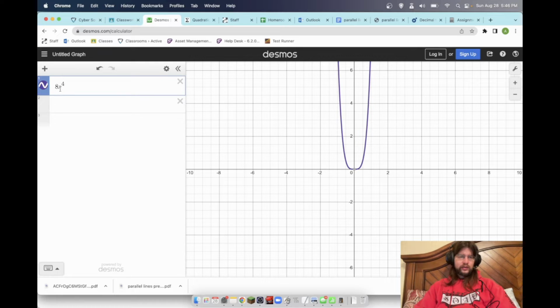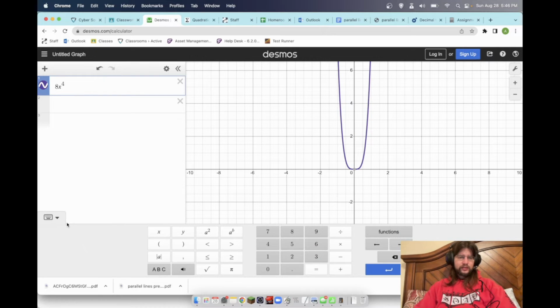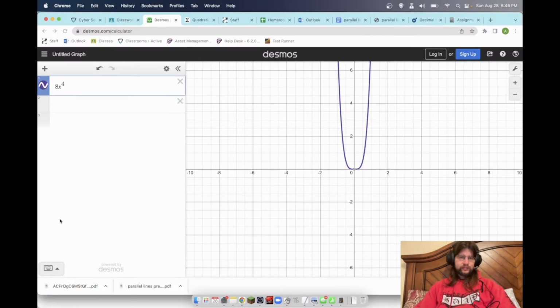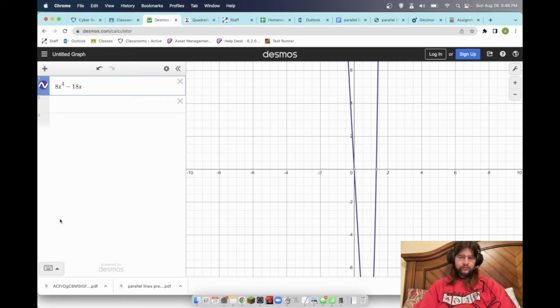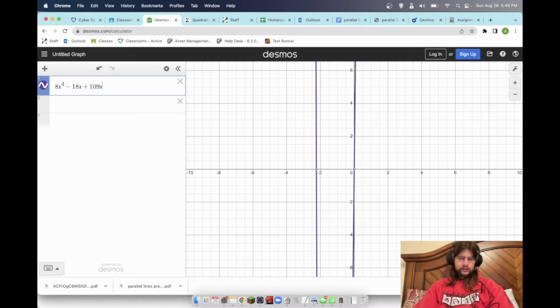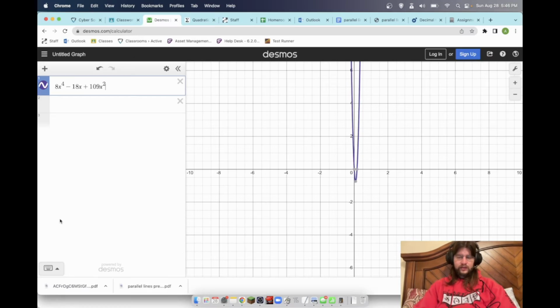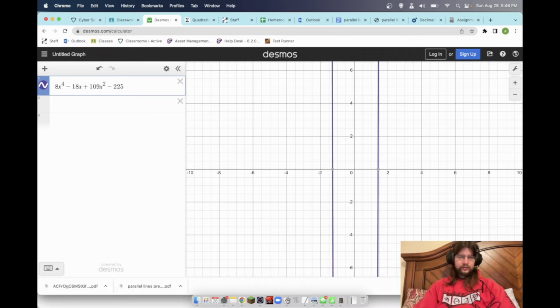Oh, and if you're wondering, the same general keyboard shortcuts apply. Shift 6 will get you the power, or you can always hit this little keyboard right here and get all the fancy buttons. Minus 18x plus 109x squared minus 225. Is that it? I think so.